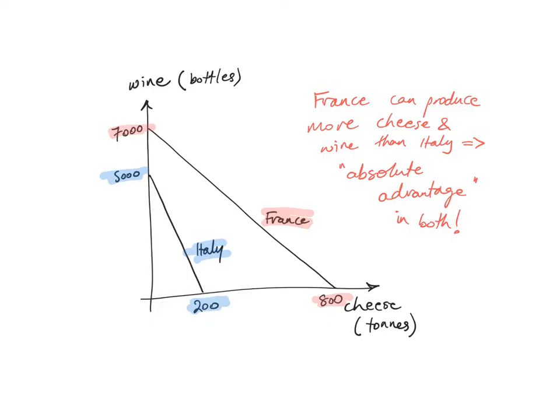You can see from looking at these two production possibility curves that France has an absolute advantage in the production of both. Does this mean that France and Italy can't specialize and trade? Not necessarily. What explains the fact that France and Italy will probably still specialize and trade is the theory of comparative advantage. So let's see how that works.